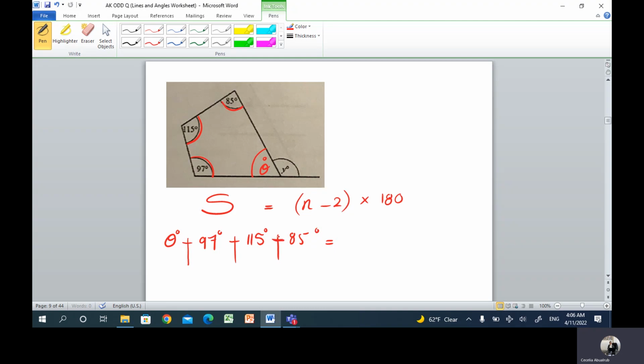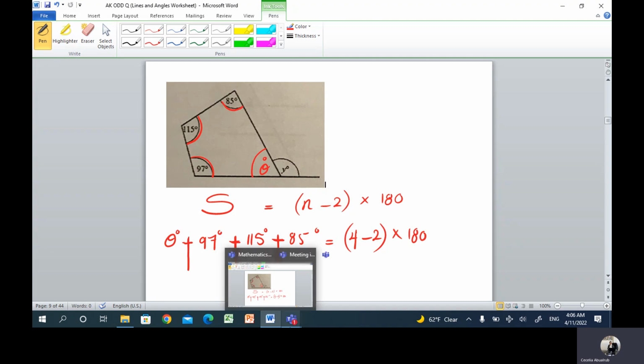The number of sides must match the number of angles that you added. So you added 1, 2, 3, 4 angles. So n will be 4, minus 2, times 180 degrees.